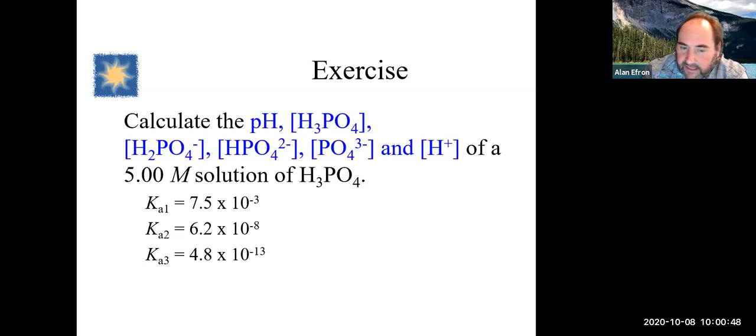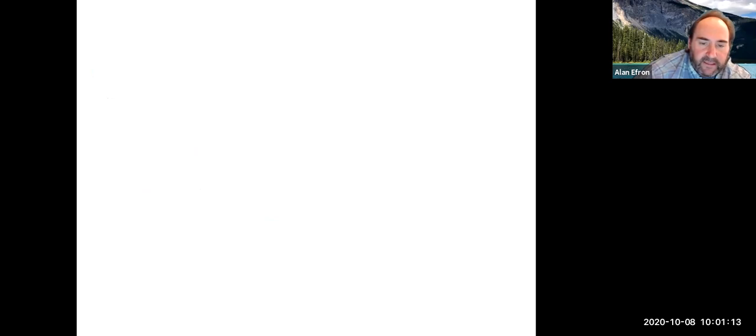So let's go through this calculation to see how it works. So the first thing that's going to happen really is the first dissociation. So let's get somewhere to write here. The first thing that will happen is the first hydrogen will come off, and this is the K value here that goes with that first hydrogen that will come off.